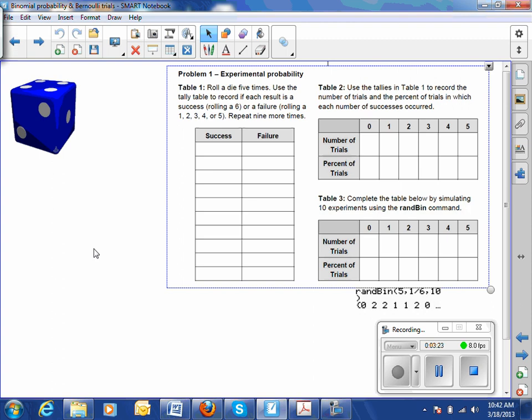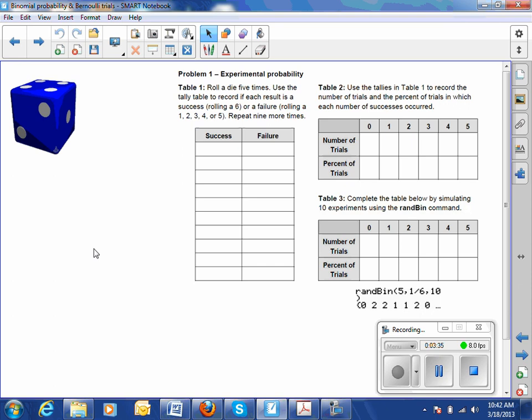So we have a little activity that we'll be doing today. I borrowed this from Texas Instruments. If you're on their mailing list, they send out periodic activities that can be done, so I'm officially giving them credit for this. What we'll be doing here is an example of a series of Bernoulli trials, rolling a die 5 times, and then recording in this table number 1 how many successes and how many failures we have in 5 rolls.